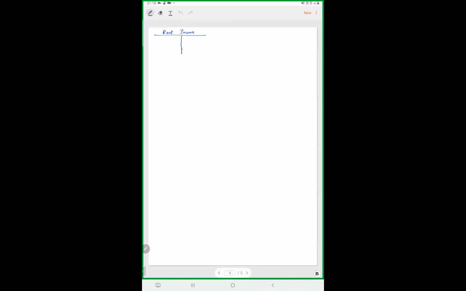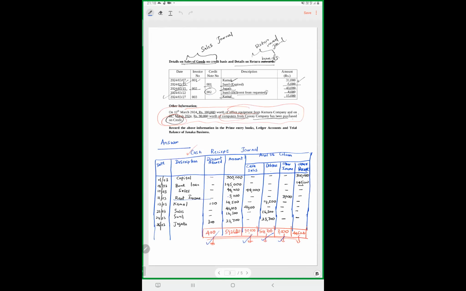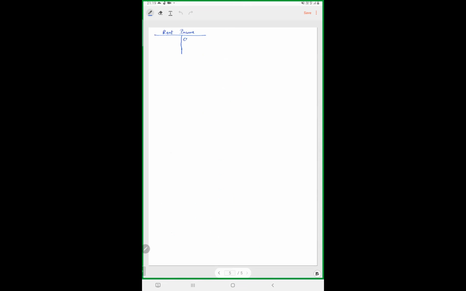We are receiving money from rent, so cash account debit, how much? 3,000. Rent income account credit, cash 3,000.